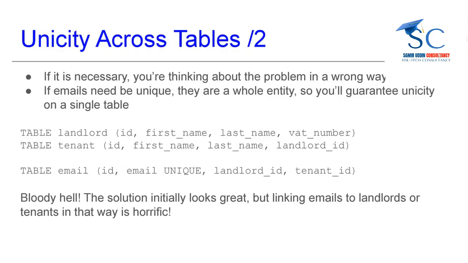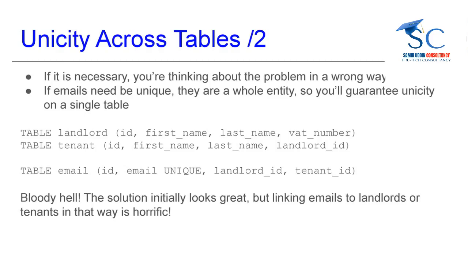So you will need to create an email table with the email and an ID, and then both landlord and tenant will include it, or the other way around. The email table will include a landlord ID and a tenant ID.